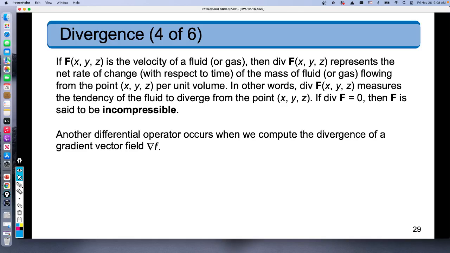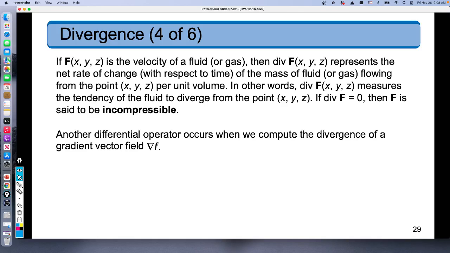So the div is really the net rate of change with respect to time when we're dealing with fluids or gases. And it's this change of the mass of the fluid flowing from a particular point using its volume. So it measures the tendency of the fluid to diverge from a particular point.